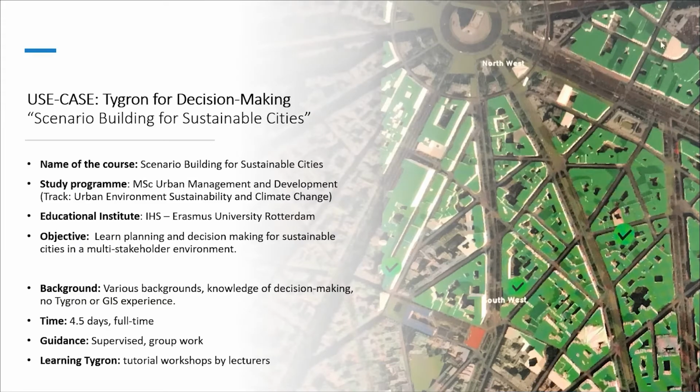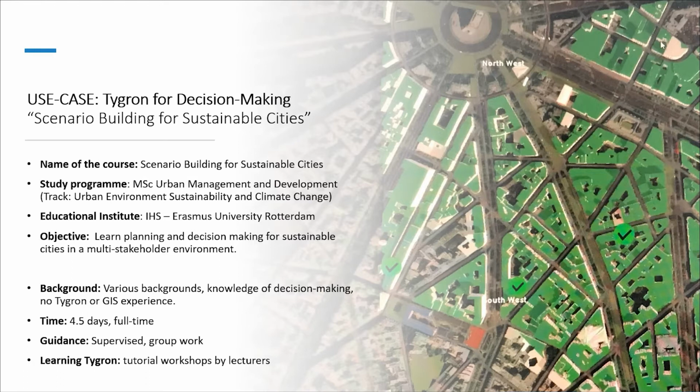Now this would be the last use case, and it is a bit different. It is for using Tygron for decision making and governance. And this is a course called Scenario Building for Sustainable Cities, as part of the Masters of Urban Management and Development, the climate change track at IHS, Institute for Housing and Urban Development Studies at the Erasmus University.